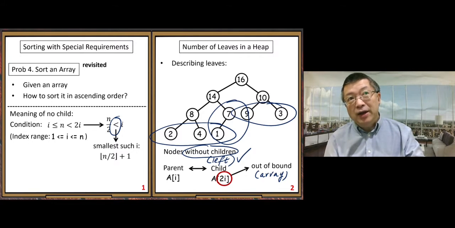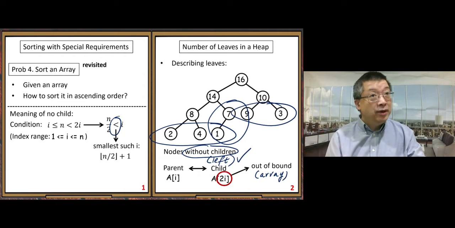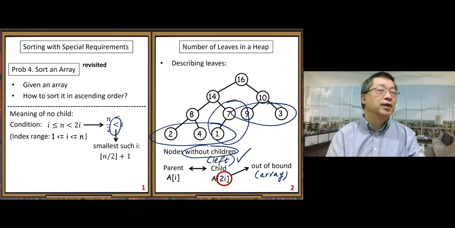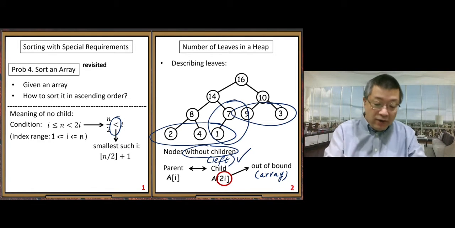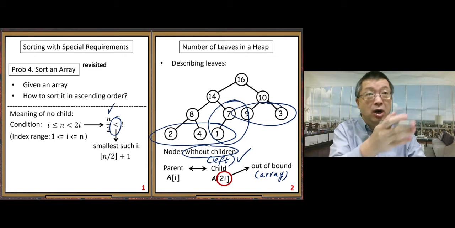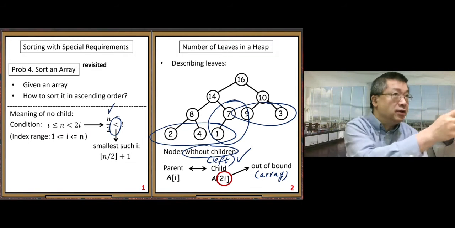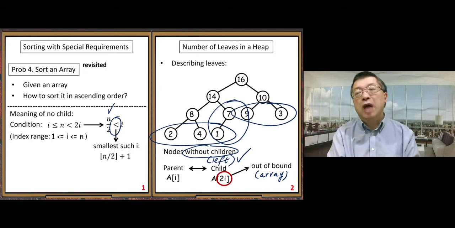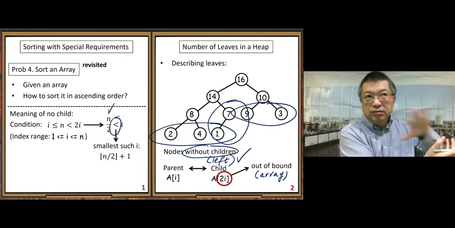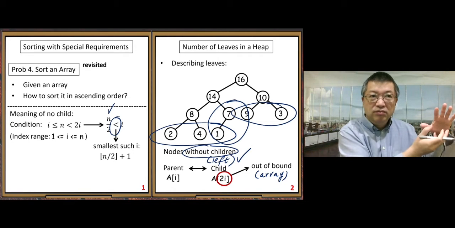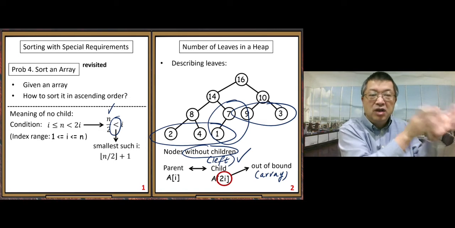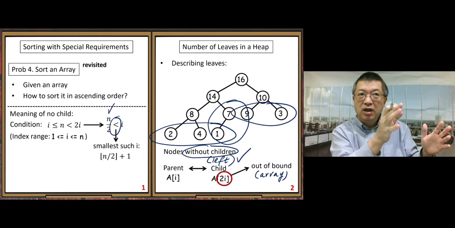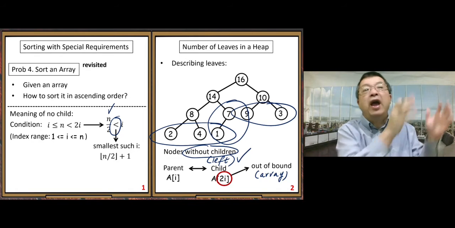You can think about n being an even number or an odd number. When n is even, n over 2 is an integer, but our i should be strictly greater than that, so that's why plus 1. When n is odd, the floor of n over 2 is less than n over 2, so that smaller integer plus 1 is strictly greater than n over 2.